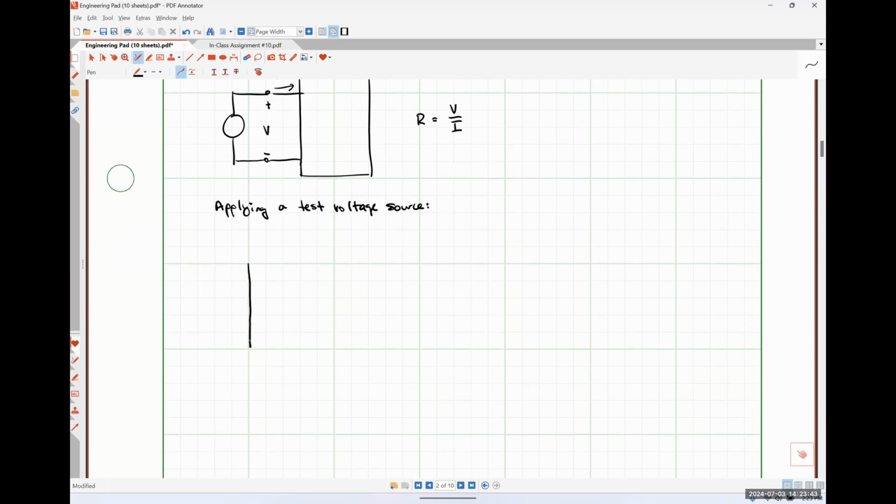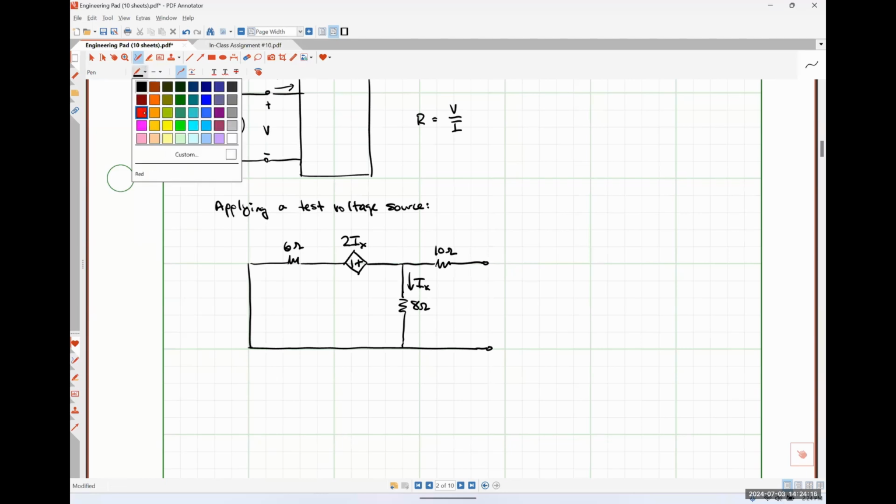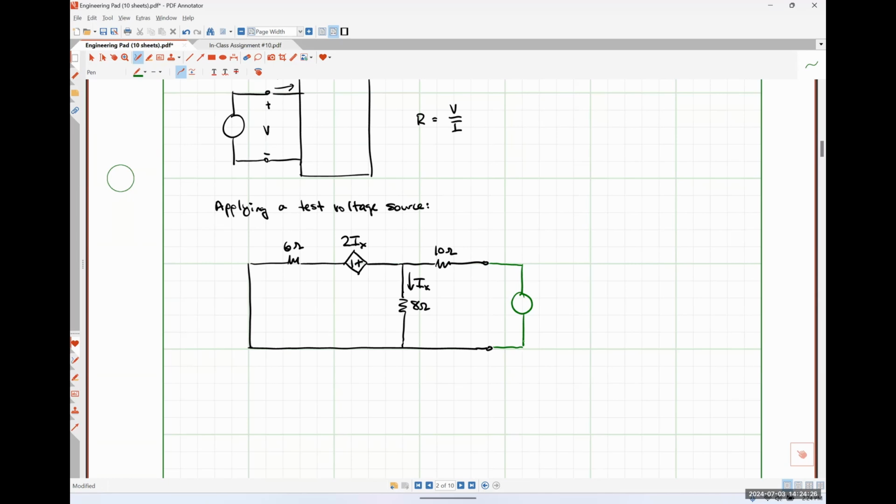So I'm taking my dead network representation, and now I'm going to apply a voltage source across this set of terminals. So let's talk about the rules here.